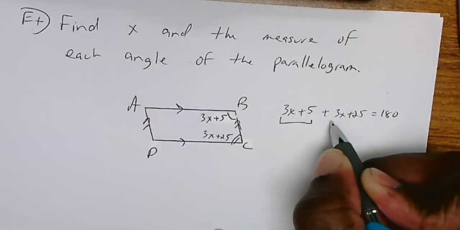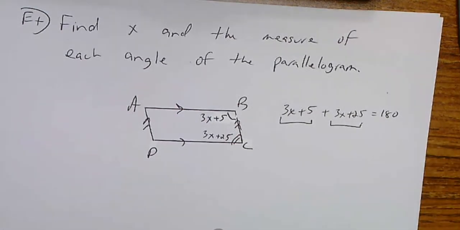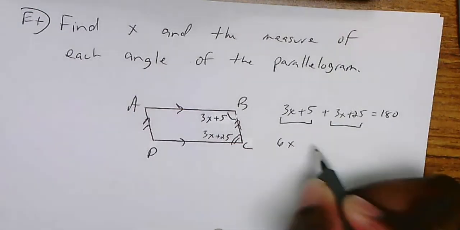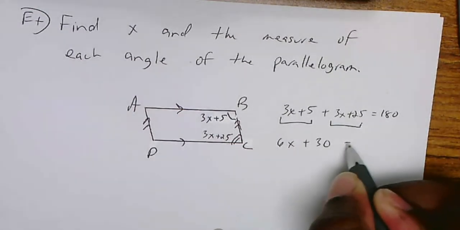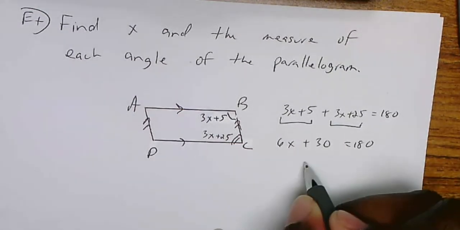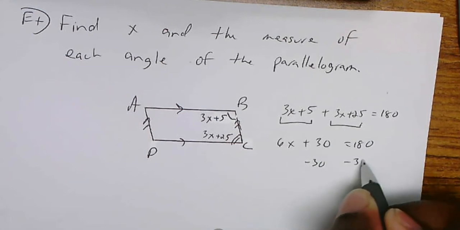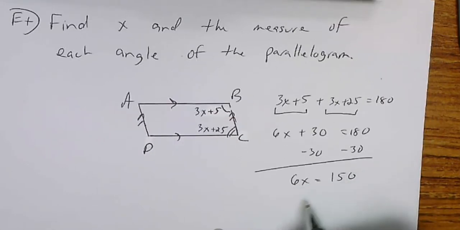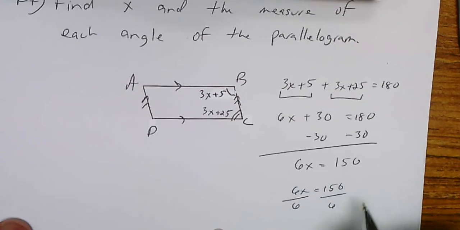They're not equal to each other, but they add up to 180. When you do the math, 6x plus 30 equals 180, and you subtract 30. So 6x equals 150. Now if you divide by 6, you should get x to be 25.